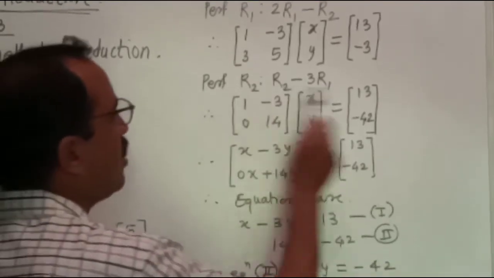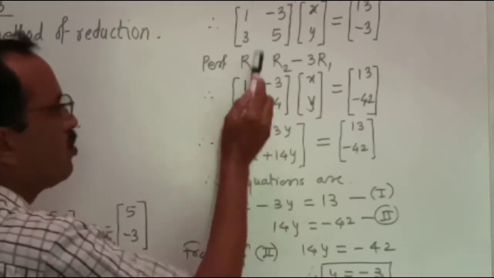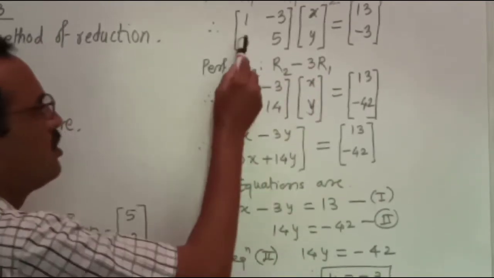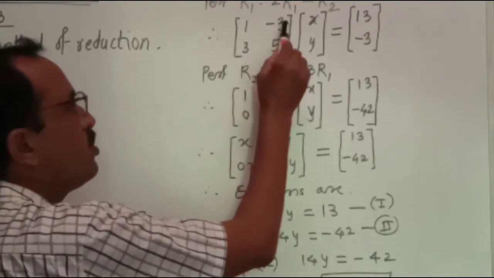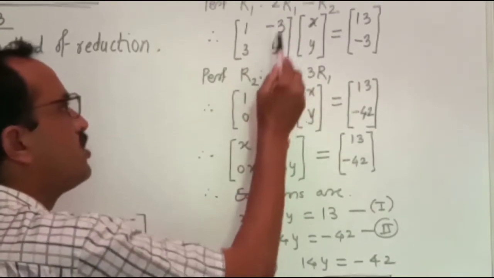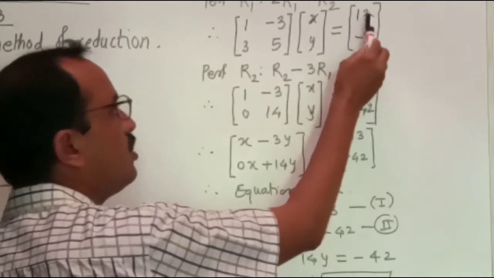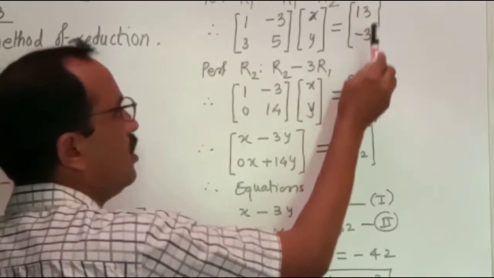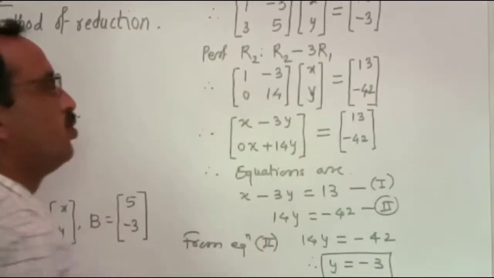First of all, I write R1, 1, minus 3, and here 13. R2 is changed accordingly, R2 minus 3R1. 3 minus 1 into 3, 3 minus 3, 0. Here 3 into 3, 9. So 5 minus minus 9 means it is plus 9. 5 plus 9, 14. And here also minus 3. This 13 is multiplied by 3. So here 39, minus 3 minus 39, we get minus 42.